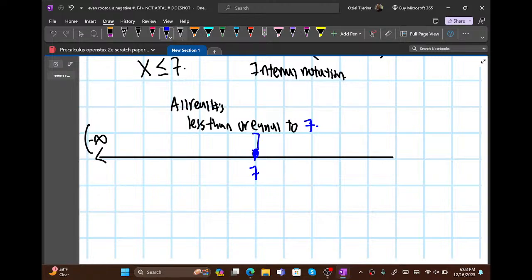So we're just going to shade all of this. And actually, like that. So in other words, in interval notation, the domain is parentheses negative infinity to 7, bracket.